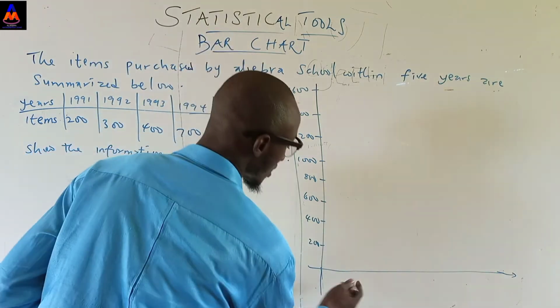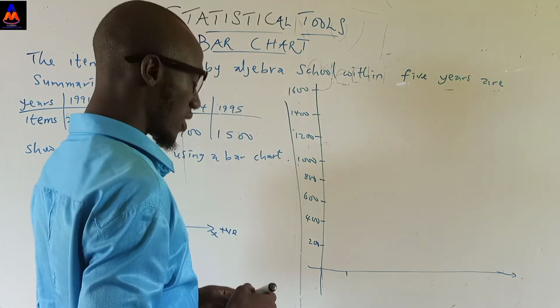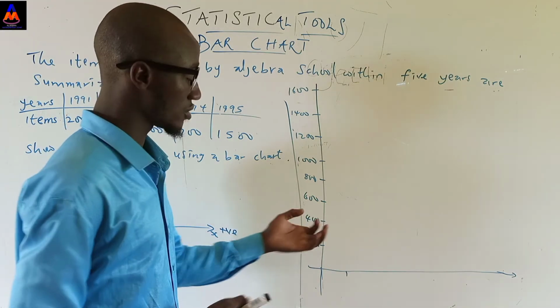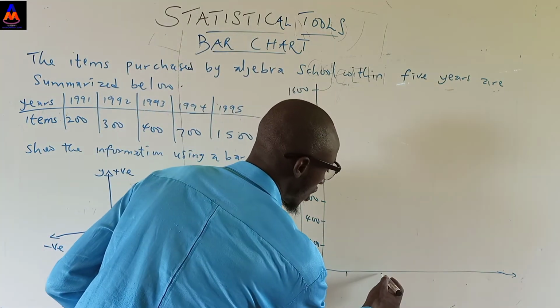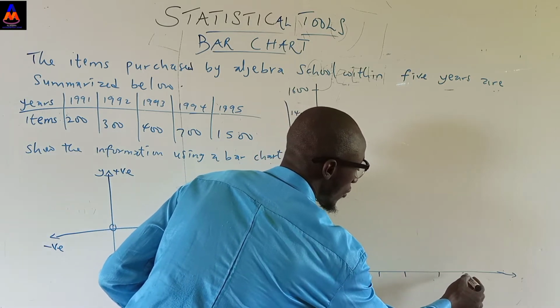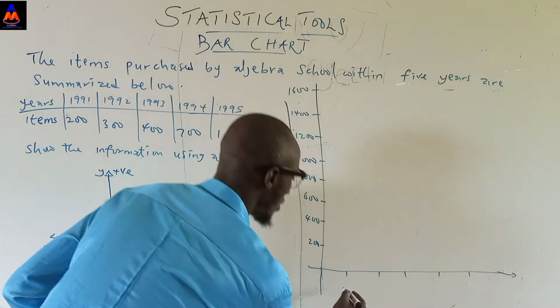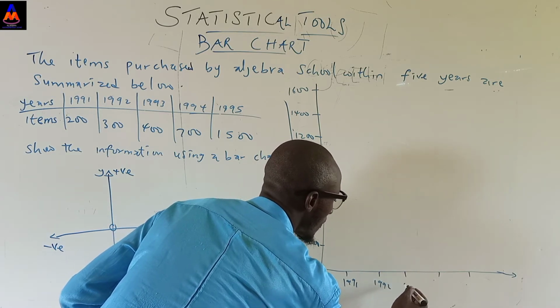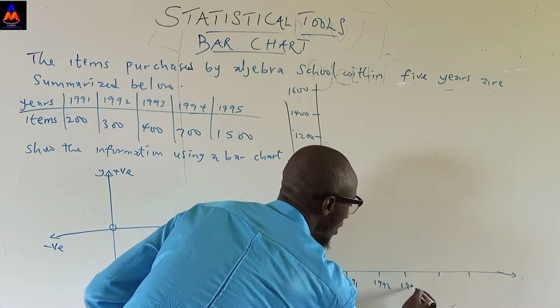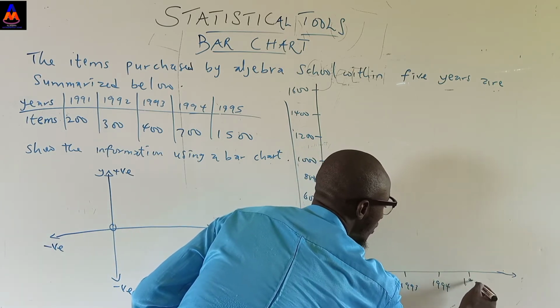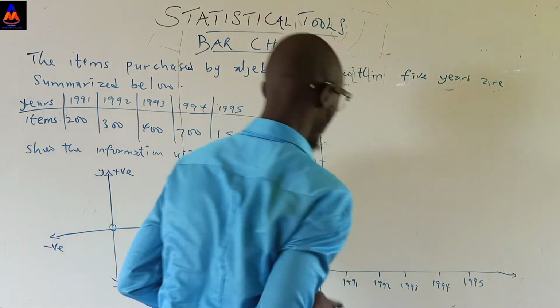For our x-axis, there is equal distance between them. Don't forget, when plotting this in your graph, you will have chosen a scale to represent them. Let's say this is 1991, 1992, 1993, 1994, 1995.